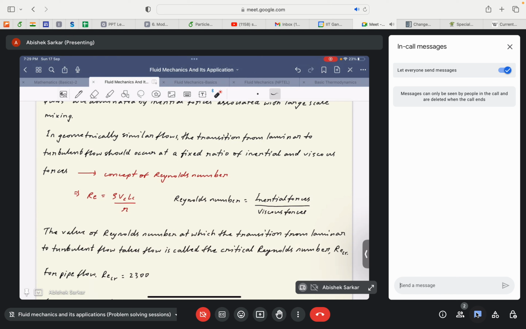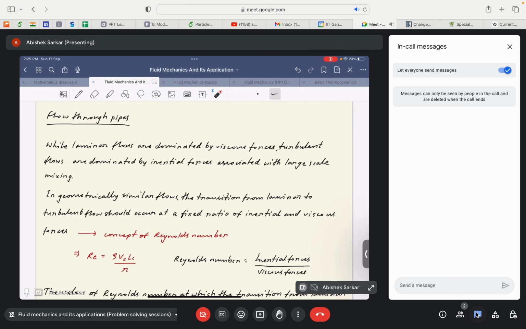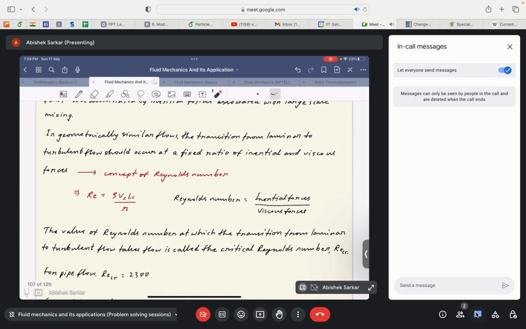But it is the driving force that dominates in these two different types of flows. In a laminar flow, the viscous forces dominate. If you see in the Navier-Stokes equation, the pressure gradient term is being balanced by the viscous force terms, right? So it basically means that the advective term or the inertial force term is very small in the case of laminar flows.